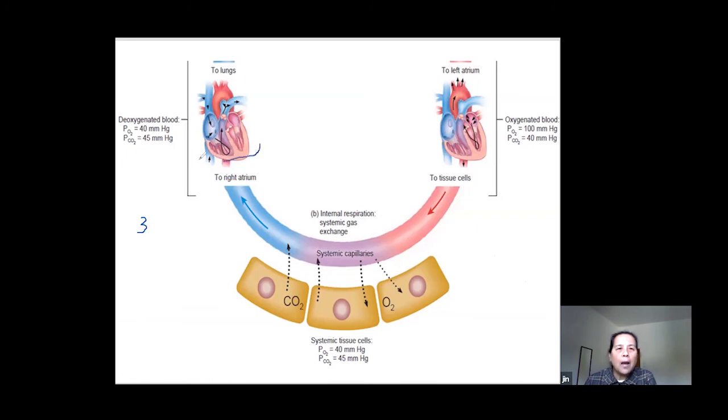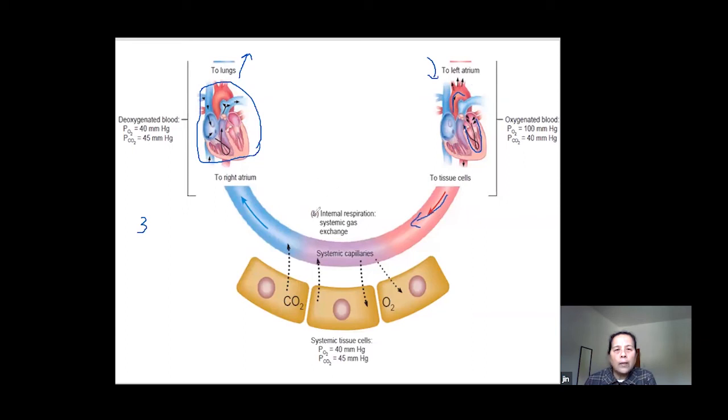The right side of the heart sends blood to the lung, and the left side of the heart receives the blood returning from the lung. And from the left side of the heart, the blood is pumped into the big artery, the aorta, then goes to small arteries, then is sent all over the body tissues.